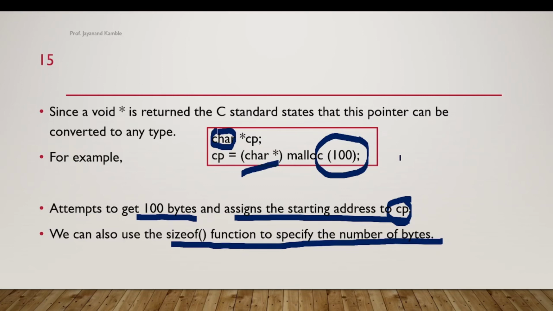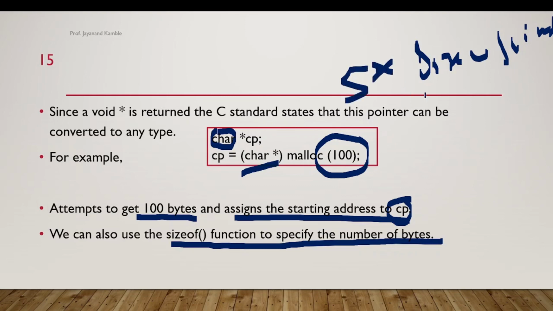Assuming that I want to create an array of 5 integers, I know there are 5 elements, and every element requires 2 bytes. So I can use sizeof int, which returns that value, and 5 multiplied by sizeof int, that is 5 into 2, 10. 10 bytes of memory will be allocated.